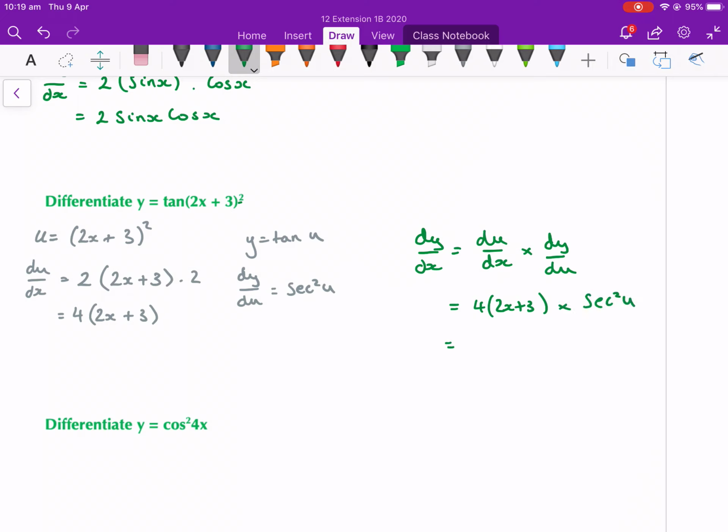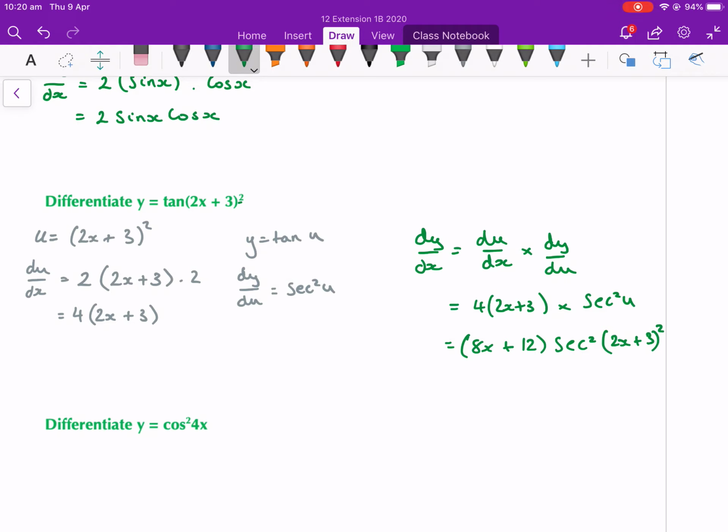And if we simplify all of that there, we can write this as 8x plus 12 sec squared, and replace the u back with the value we stated it at the start, and we end up with the following.